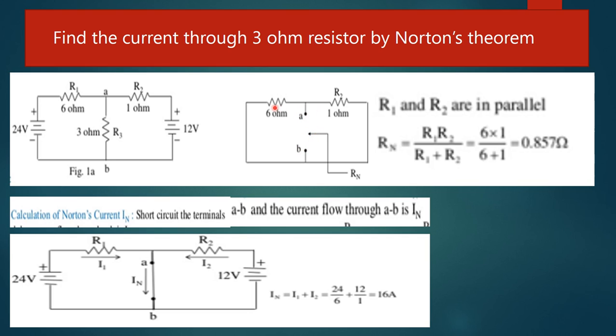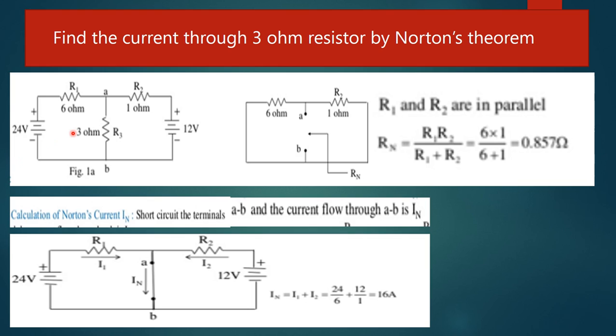Look, the 6 ohm and 1 ohm resistances are in parallel combination, since the two resistances have a common point. Hence the equivalent resistance Rn is equal to the parallel combination of 6 and 1 ohm, that is 6 into 1 by 6 plus 1, which equals 0.857 ohm.